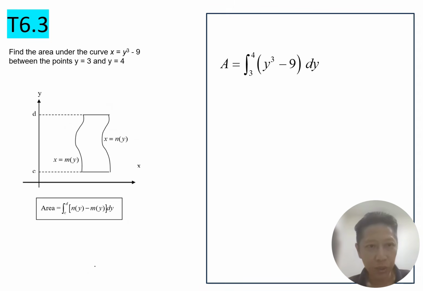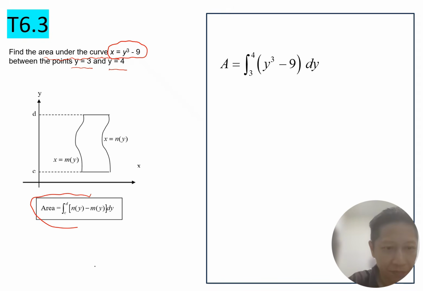Next question, T6.3. This is a question where we want to find the area not from the standard perspective of the x, instead with respect to the y. Find the area under the curve. This is the equation between the points y equals 3 and y equals 4. Back to last week, we had the situation when we want to find the area bounded to the y-axis, not the x-axis.